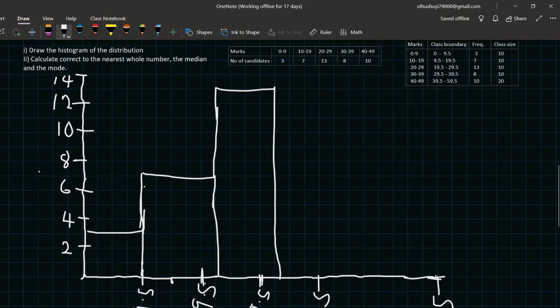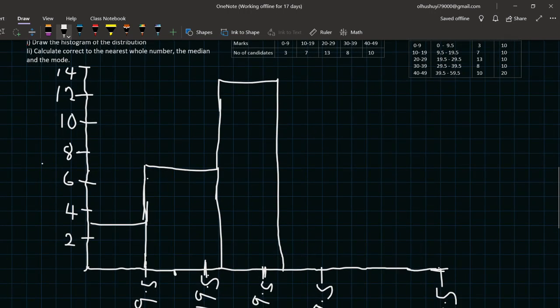So this should be 29.5, which means this is where the error is.